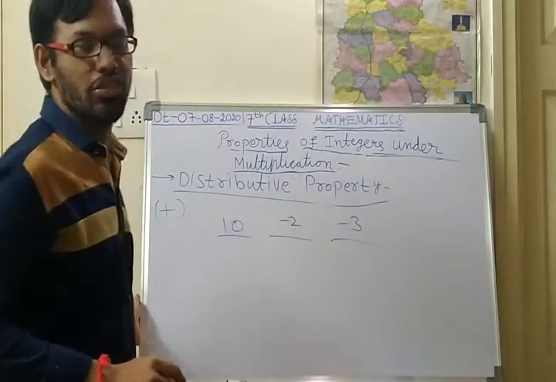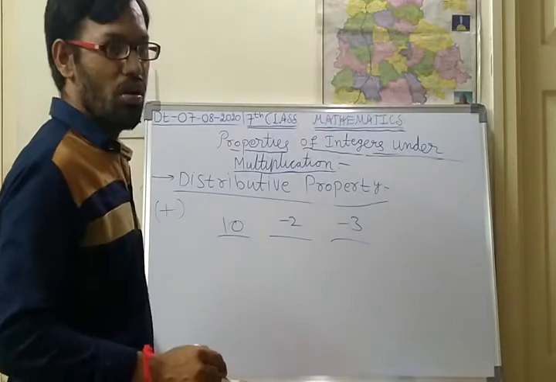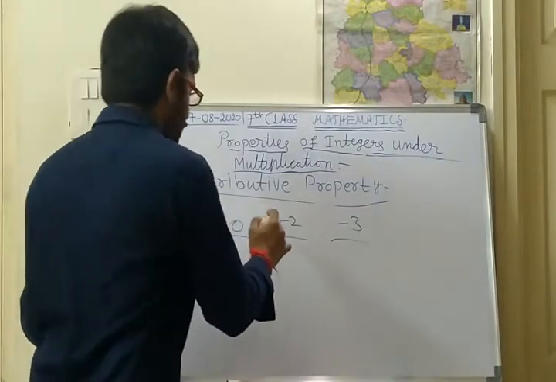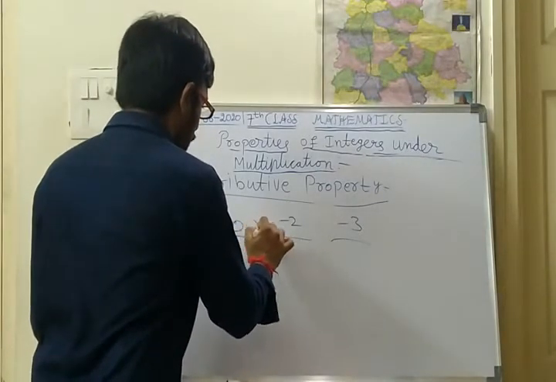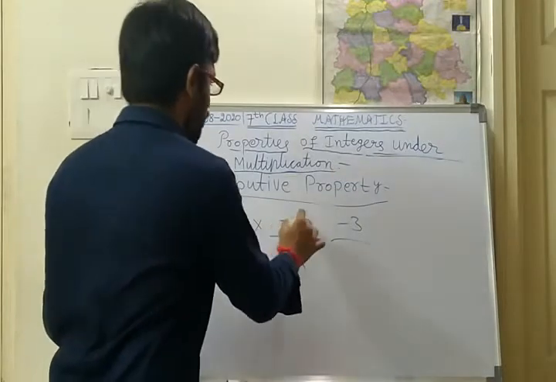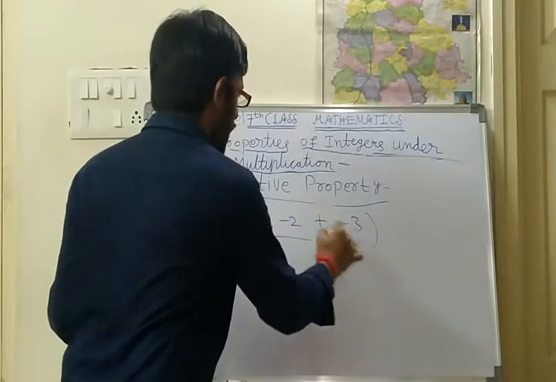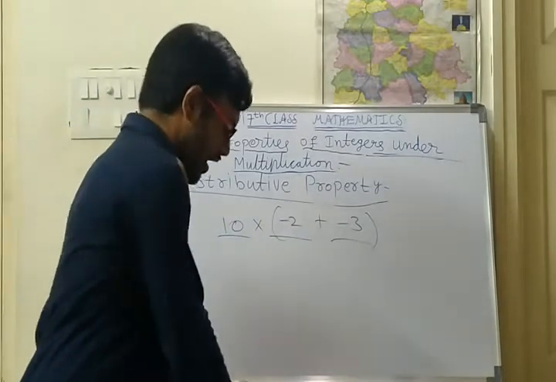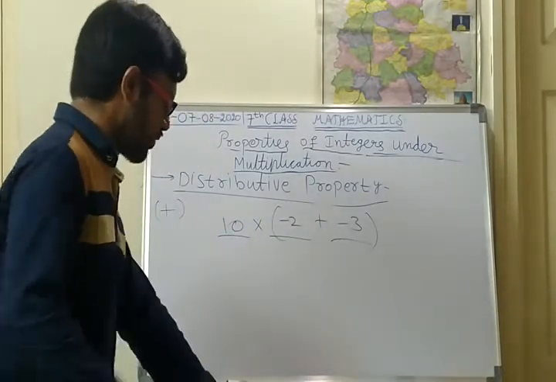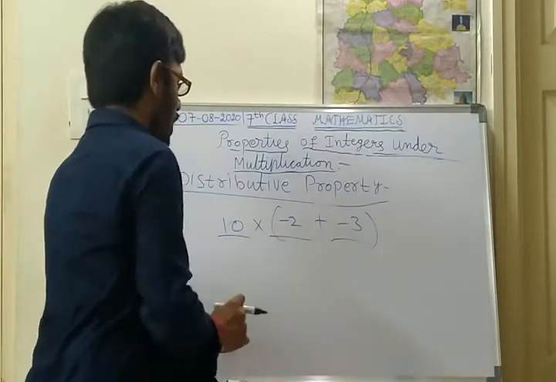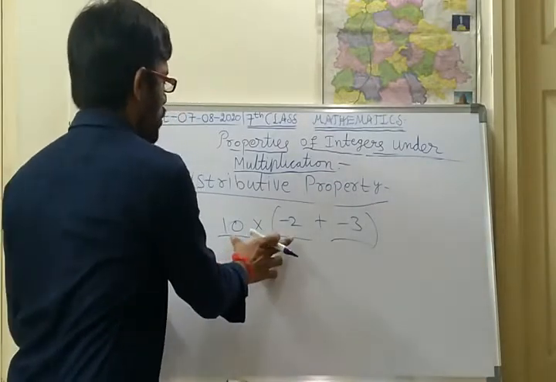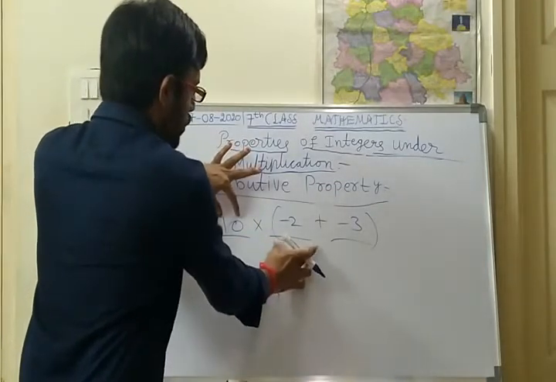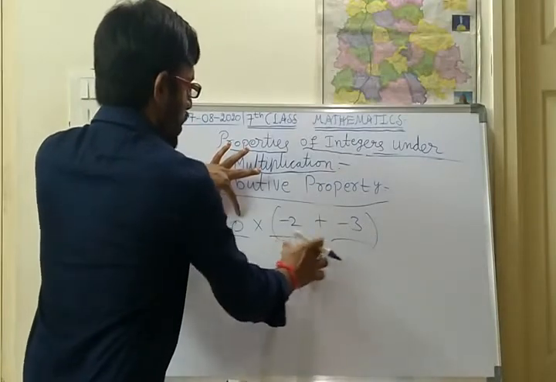Addition also gives support to us. So how? 10 into (-2 plus -3). Here you have to multiply by these 2 numbers. So 10 should be distributed to this one and to this number.